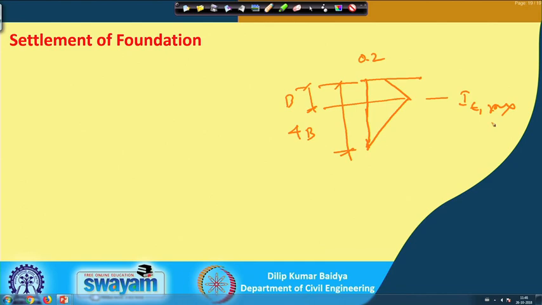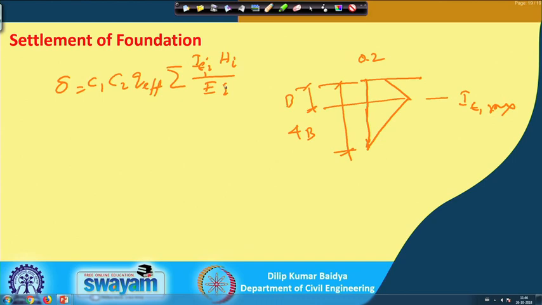Now, our expression for settlement is delta equal to C1 C2 q effective, and then sigma I epsilon i H i divided by E i. So, the equation is like that.